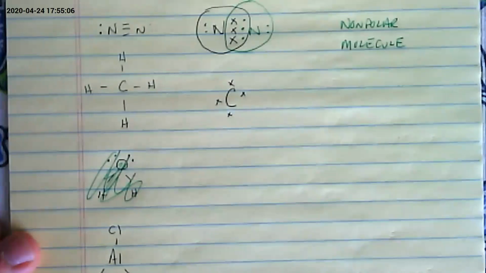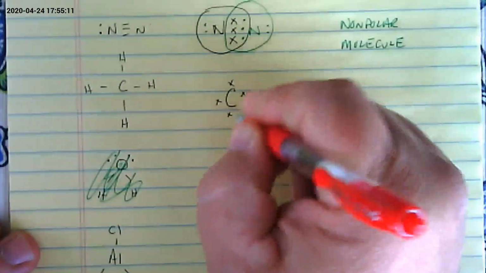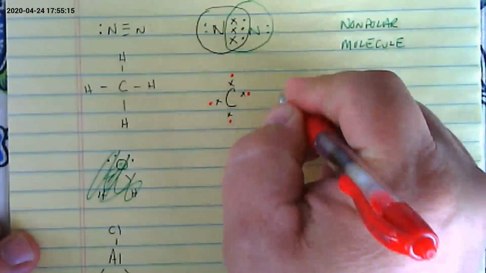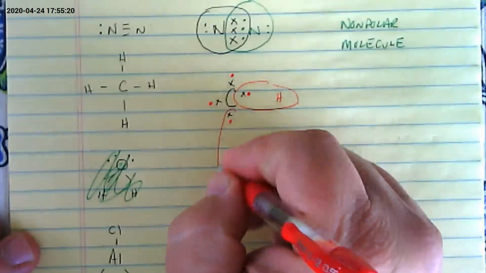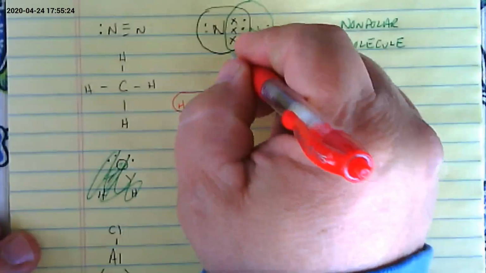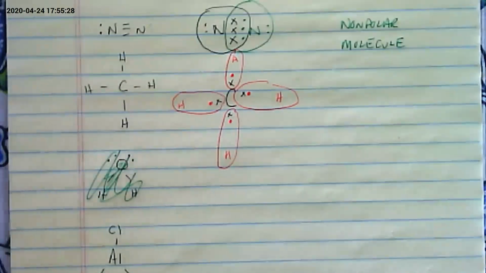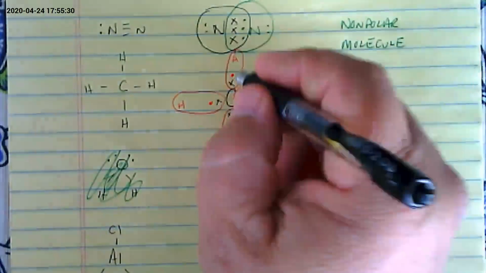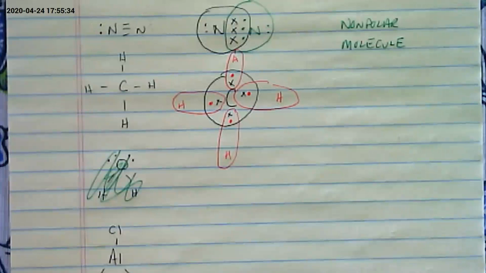And then you're going to have hydrogen, and I'm going to use the circle for hydrogen. But the hydrogen, remember, all you need is 2. So all 4 of these hydrogens are happy, and this carbon is happy with the 8 in the middle.